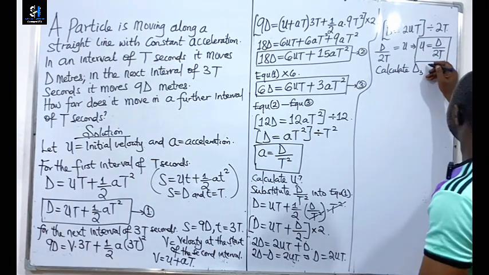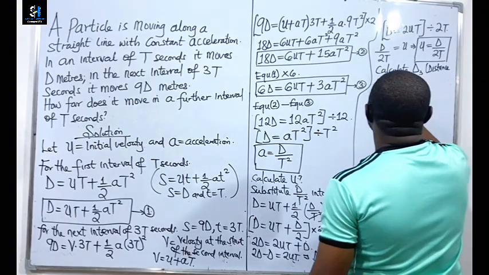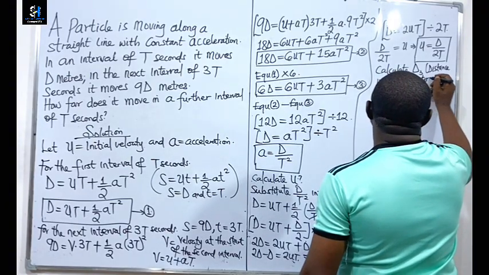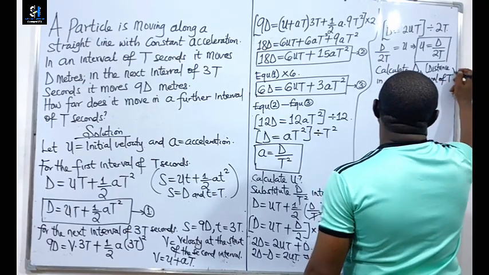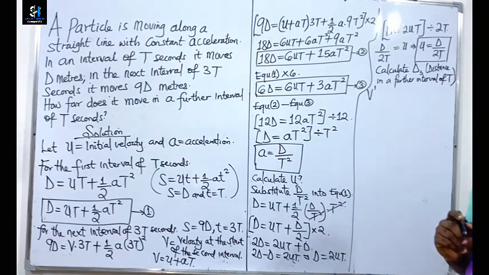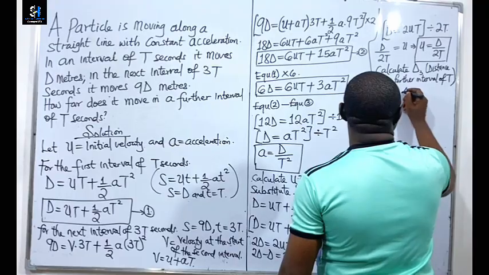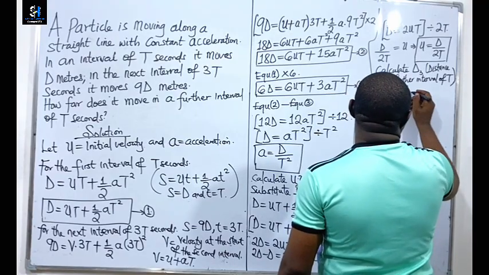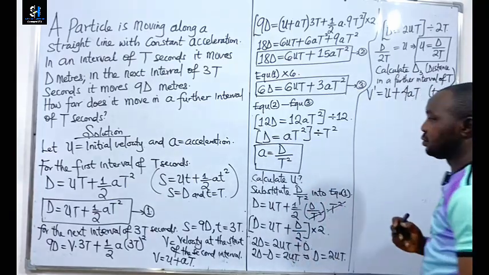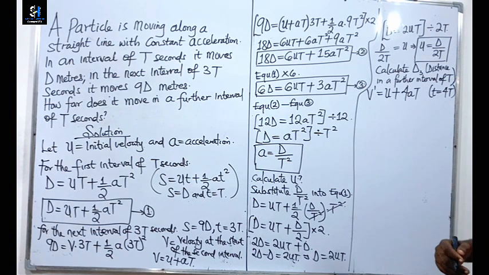So v prime, I'm going to use v prime in this case, will be equal to the initial velocity plus 4at, because in this case t will be 4t, that's the further interval of t seconds.